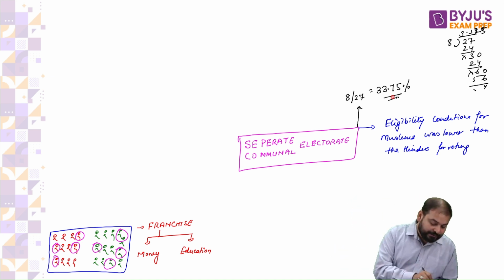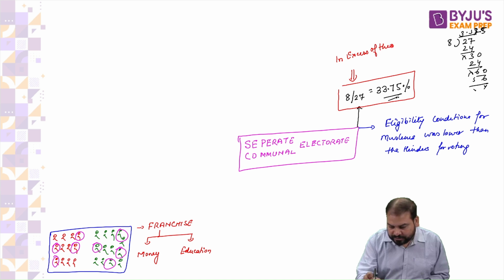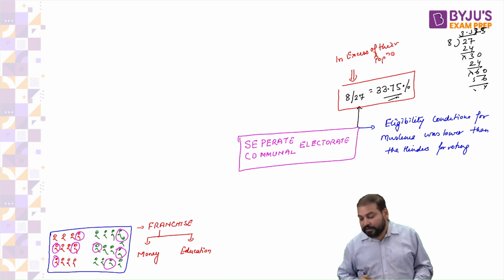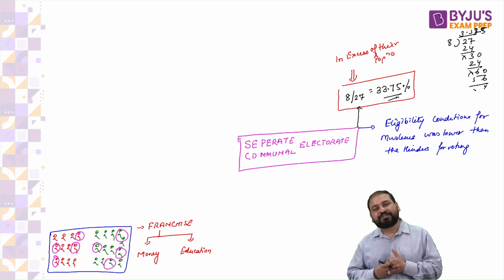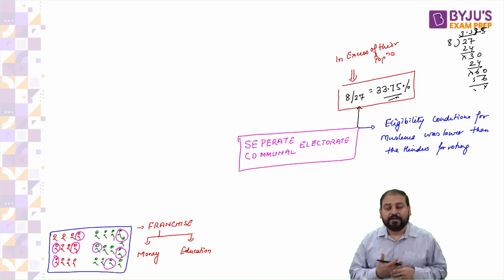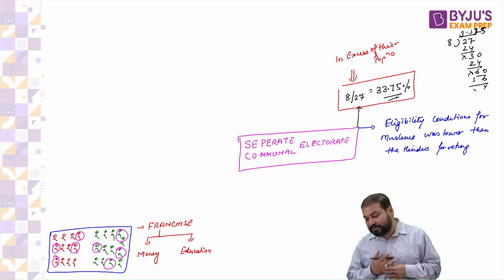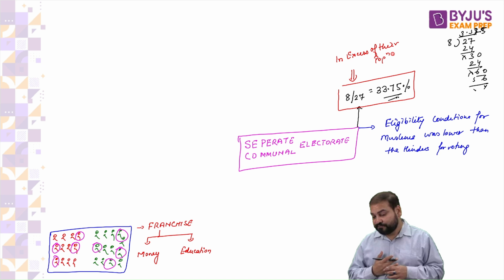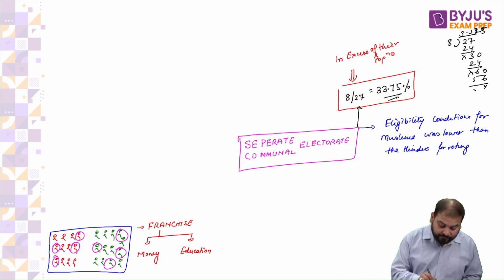The second problem was that this was in excess of their population. So let's say for Muslims, in those days, the percentage of population in India was 25. For a second, let's say, and how many seats have been reserved for them? 33.75%. Can you see this? That is, this number that has been reserved is in excess of their population.